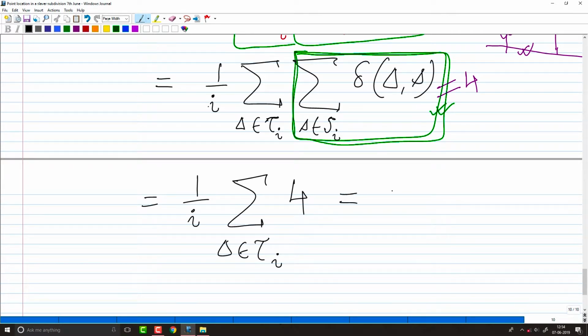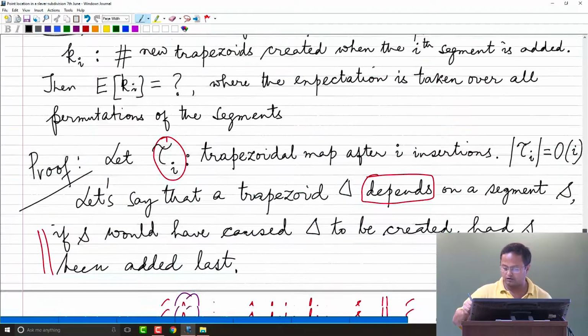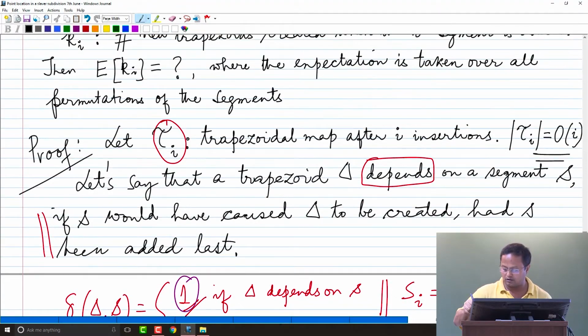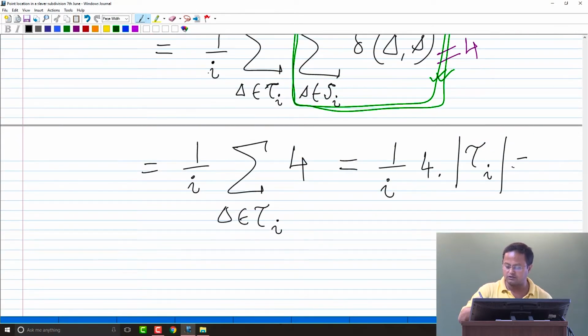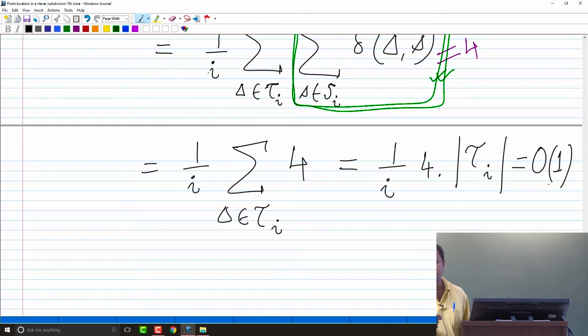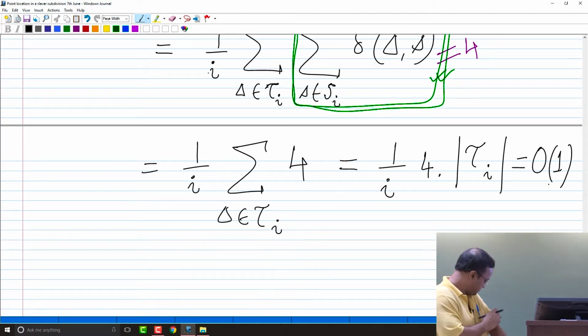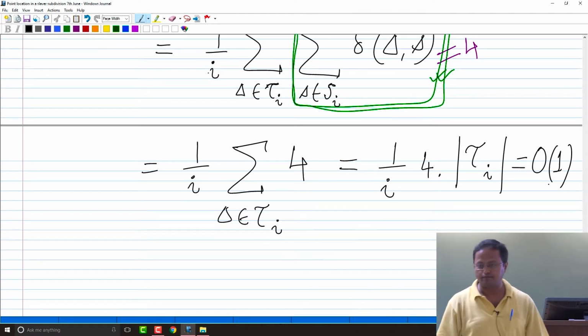So, this is now 1 by I, 4 into tau of I. What is tau of I? Order I. So, this is done.